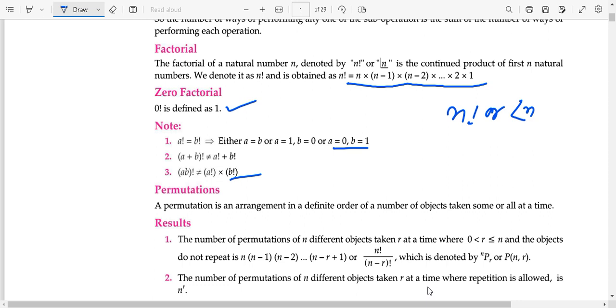Permutations: what is it? A permutation is an arrangement in a definite order of a number of objects taken some or all at a time.